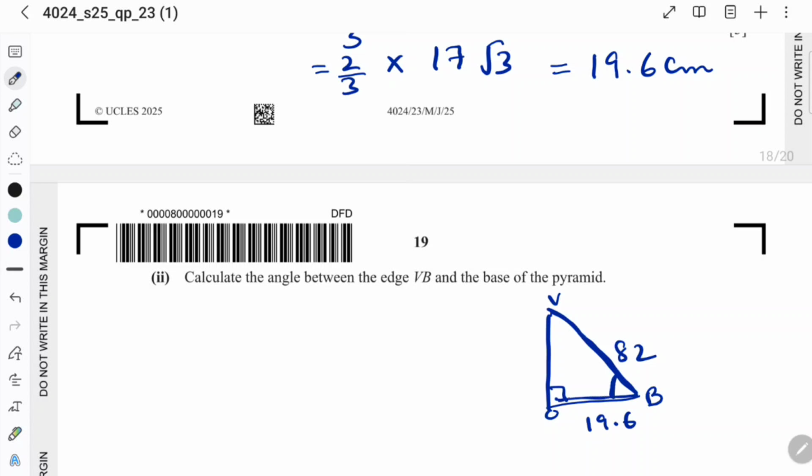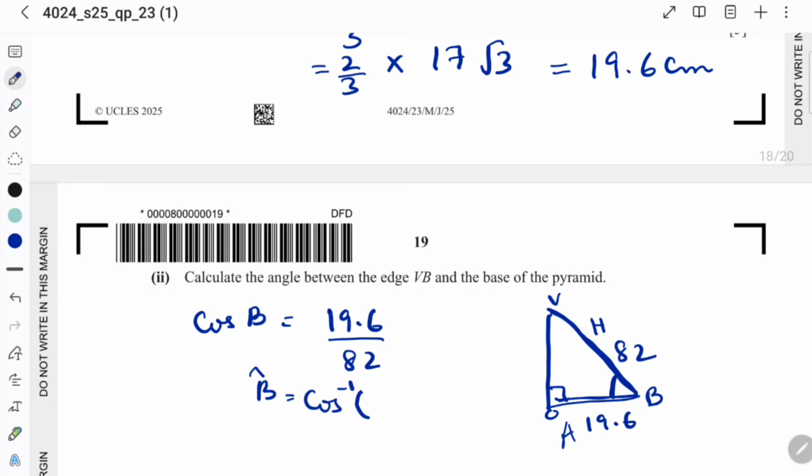This angle is required. So adjacent side and hypotenuse, a right angle triangle, cos B is equal to adjacent upon hypotenuse. B is cos inverse 19.6 over 82.